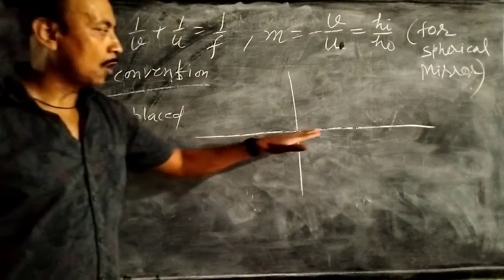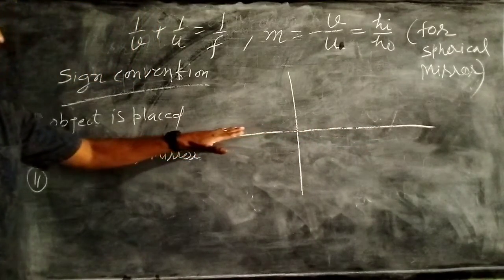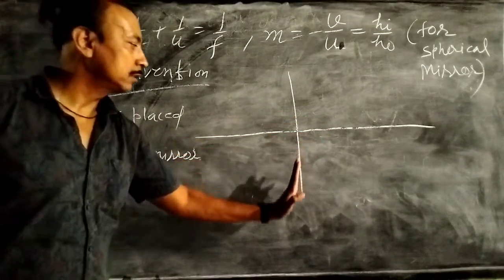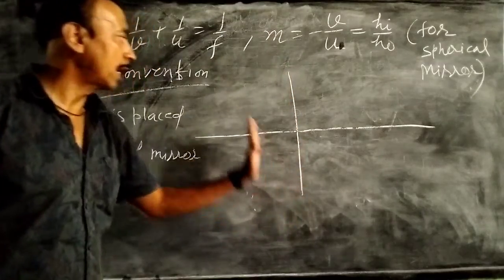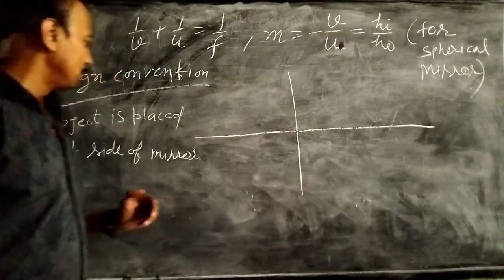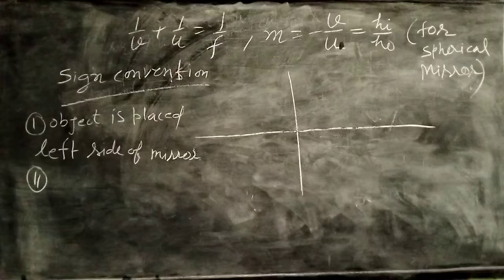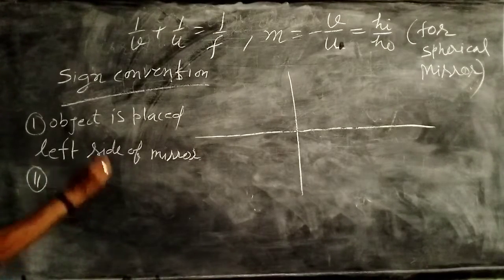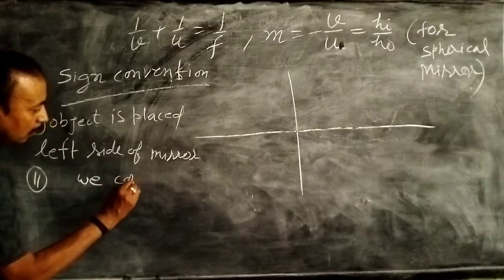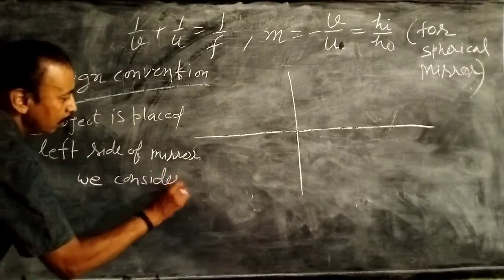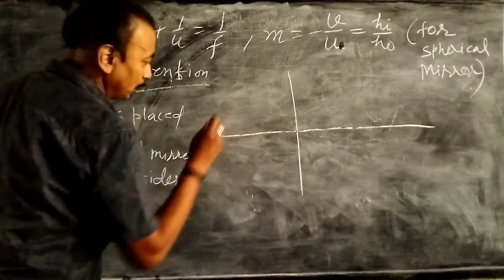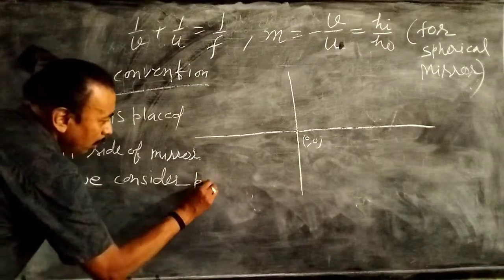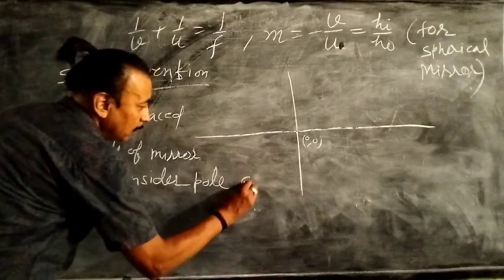One distance is along the principal axis, suppose position of object, position of image, and another distance is perpendicular to the principal axis, that is height of image, height of object. So, sign convention tells that we consider the pole of the mirror at the origin. It is the origin. Consider the pole at the origin.